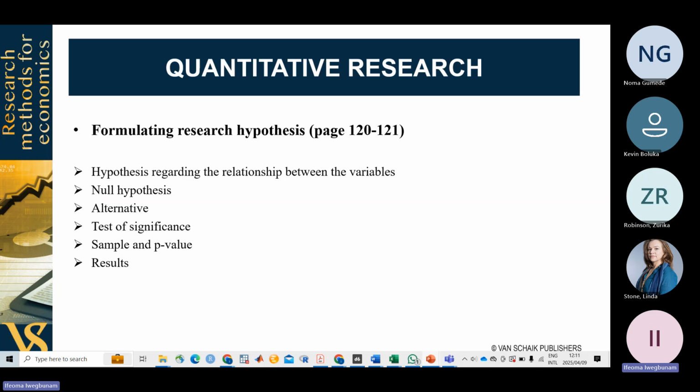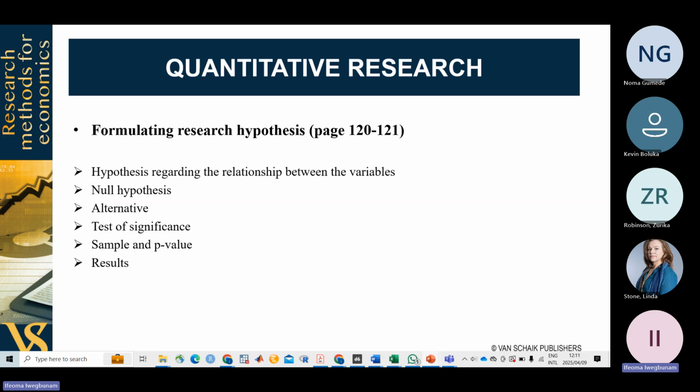It can be a null hypothesis, which means the result does not agree with the test you've conducted. And it can also be an alternative hypothesis, depending on the results from your research.